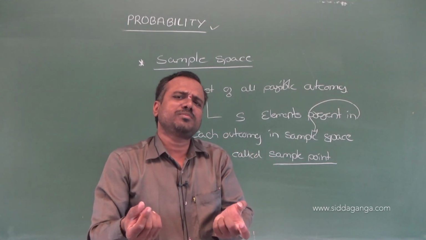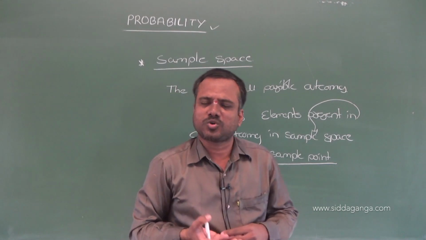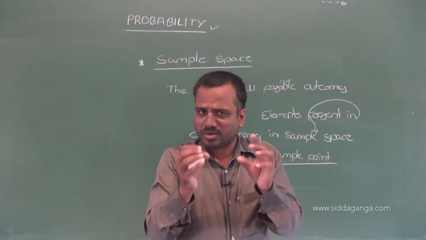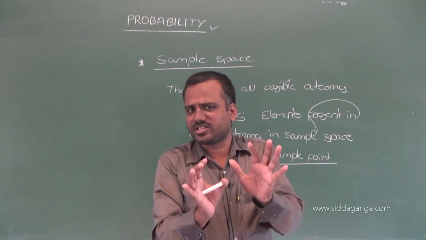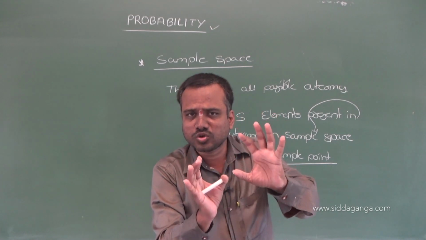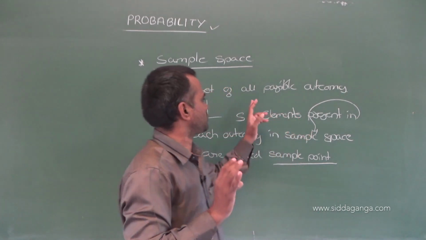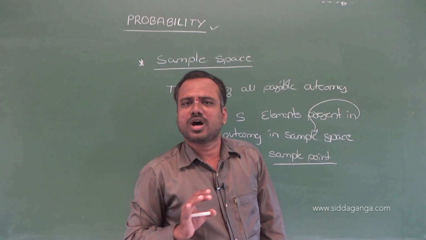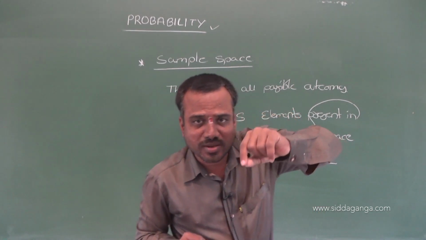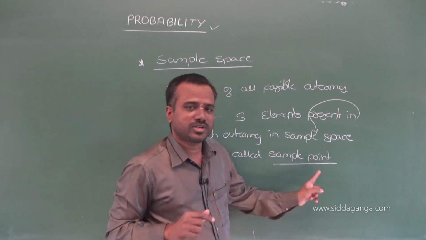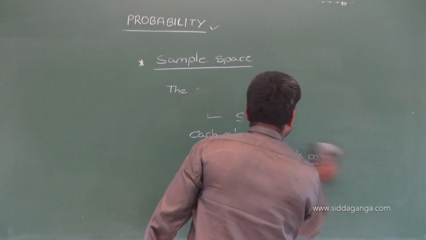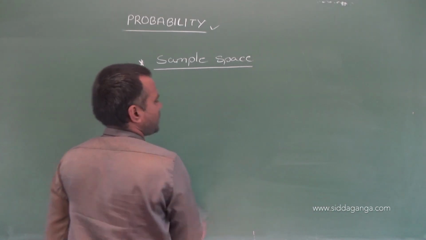So the elements are nothing but what? The outcomes of the random experiment. Correct? Sample space means it is a set which contains the total possible outcomes. Then each element in the sample space set are called what? Sample point. For example, tossing a coin.